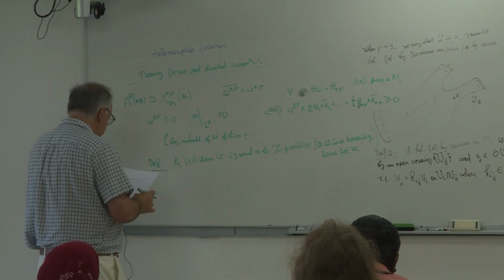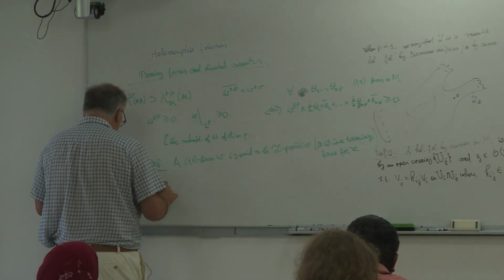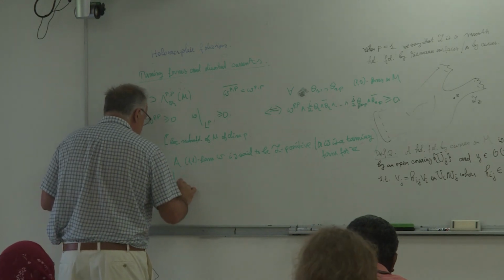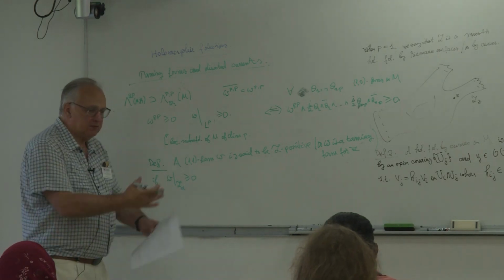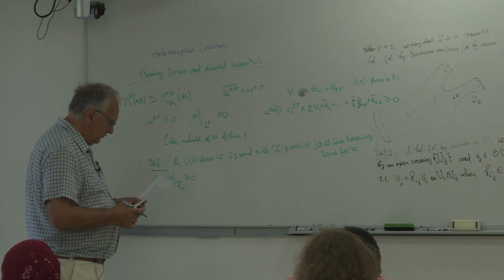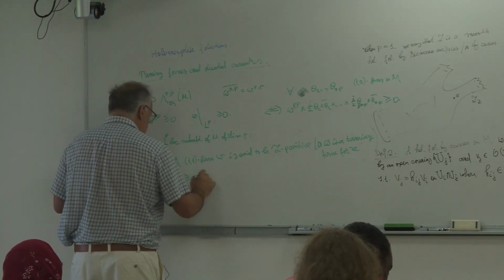If the restriction of ω to any leaf is a positive function. It gives you an area form on the leaf, but this is not very precise.